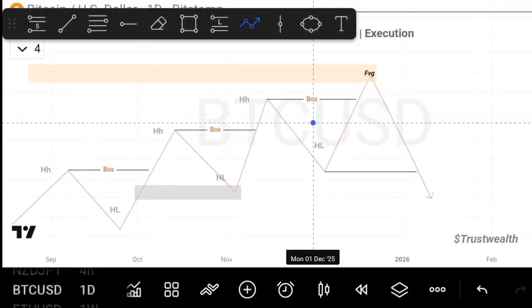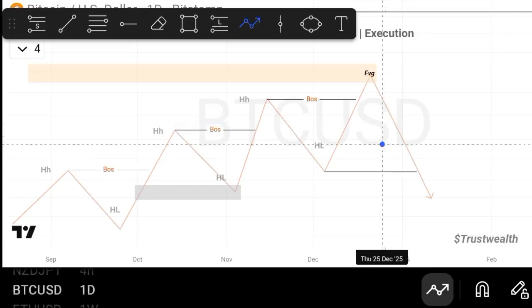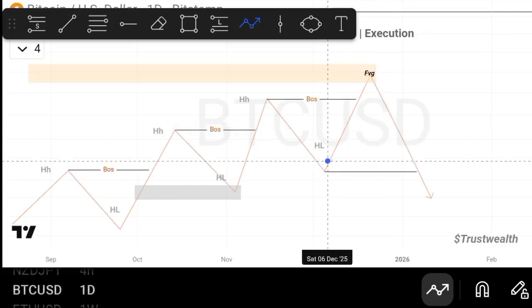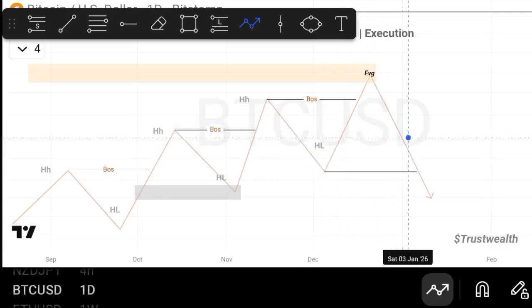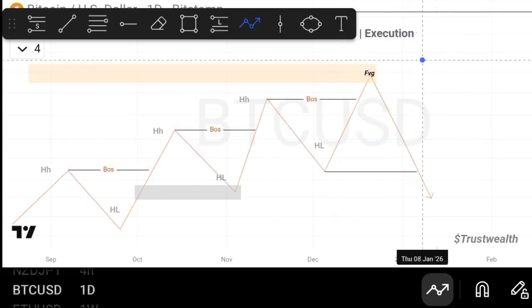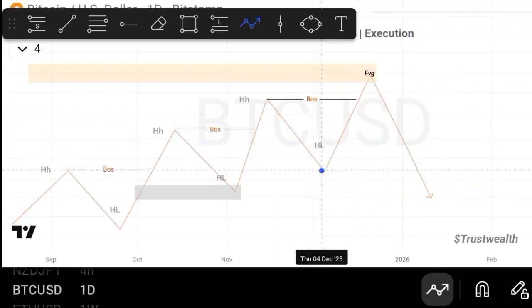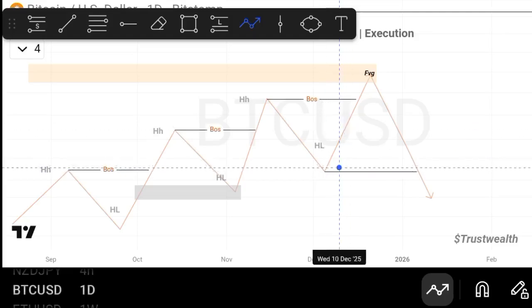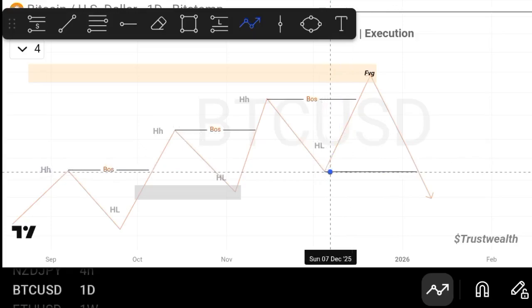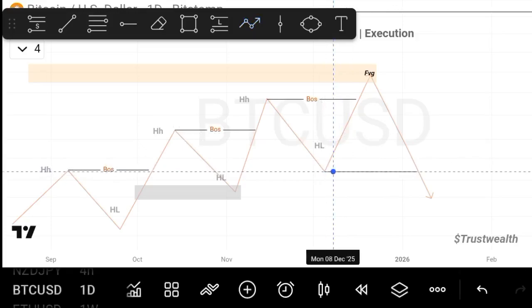Now immediately that happens, instead of price respecting this structure and continuing going up, price will just shift and break market structure here at this low. Immediately price takes out this low, we call that a market structure shift.